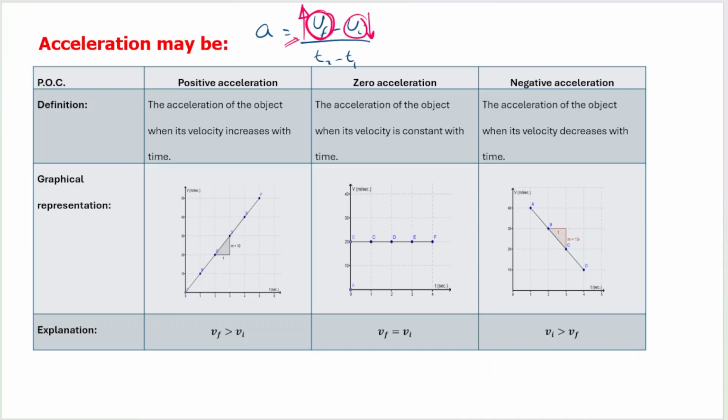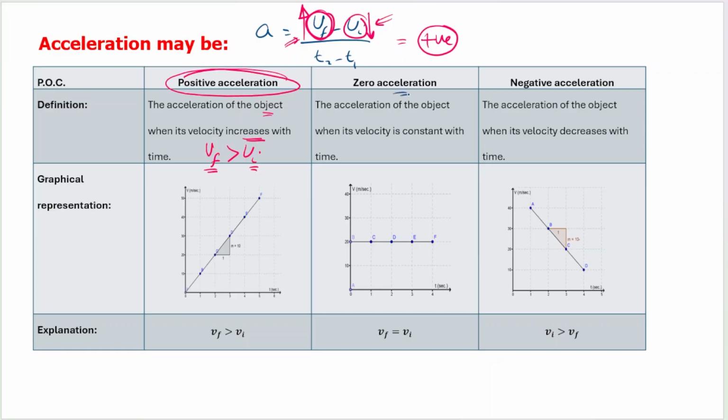So we have a large number minus a small number, so the result will be positive. So positive acceleration is the acceleration of the object when its velocity increases, meaning its final velocity is more than its initial.